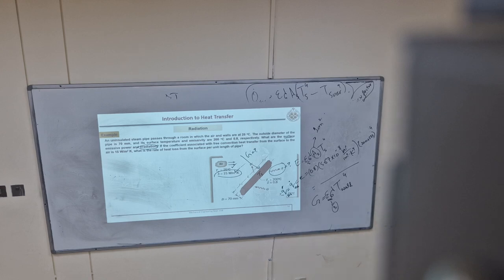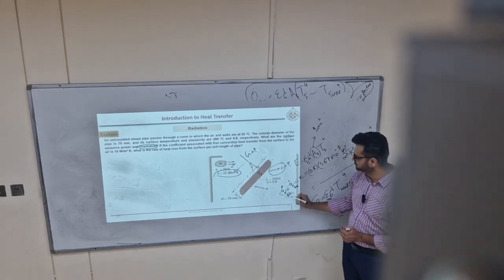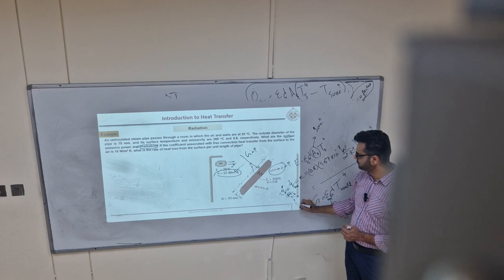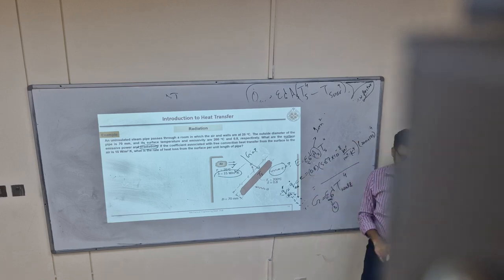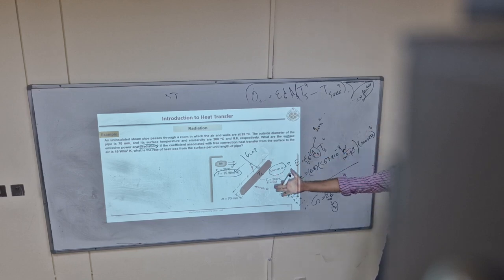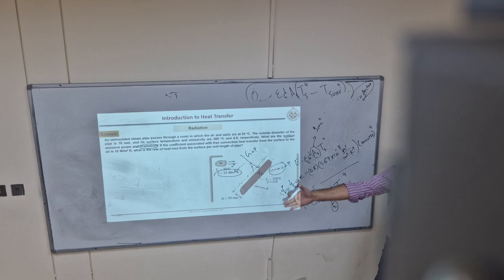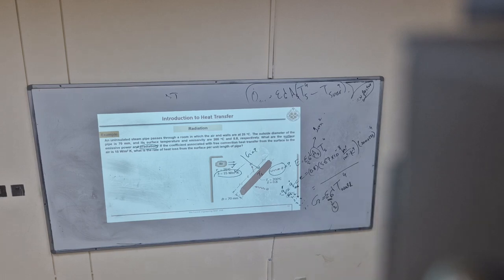So many surfaces. Now if you start calculating that radiation heat exchange, there will be so many parts: Q radiation between 1 to 2, 2 to 2, 3 to 2, 4 to 2, 5 to 2, and so many view factors. So that becomes very complicated. But thank God, compared to convection, because of the low emissivities and very low temperatures, if there is forced convection, we can neglect it.